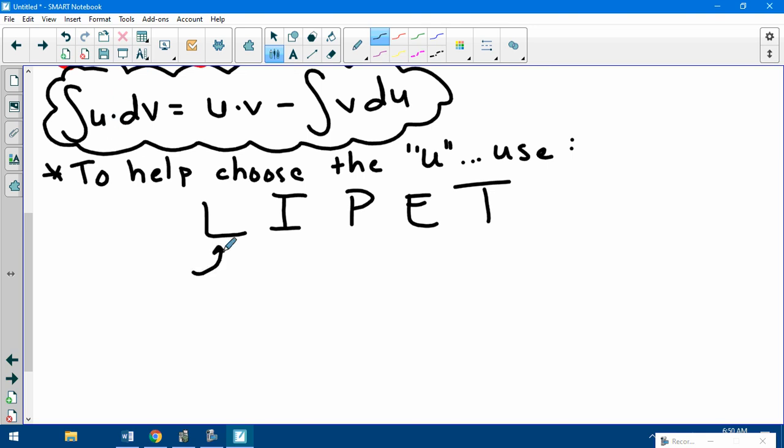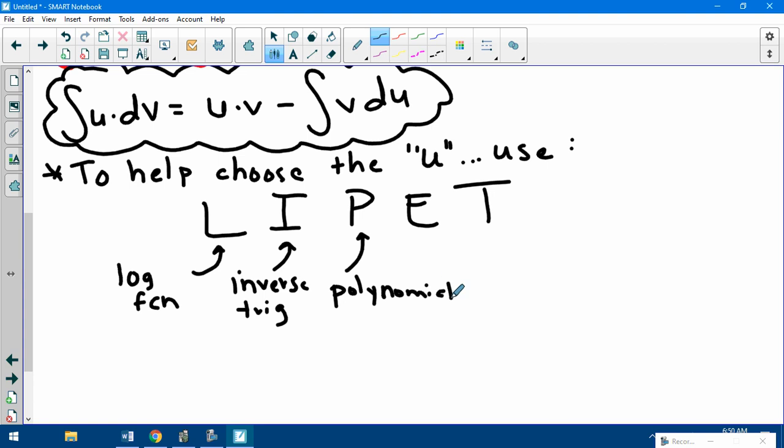You go in order. If there's a log function in the equation, make that u. If there's an inverse trig function in the equation, make that u. If there's neither of those, but there's a polynomial, make that u. If none of those first three are there, E stands for if there's an exponential, e to something. And if none of those types of equations are in there, T stands for a trig function.